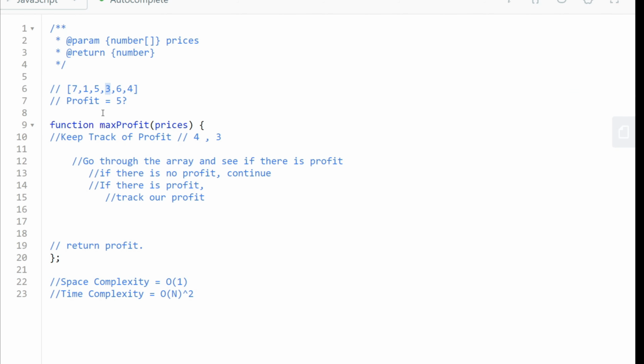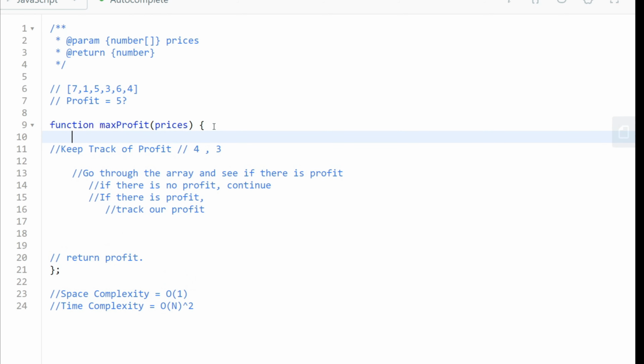If I were to buy at $3 and sell at $6 and get $3 as profit, we know for a fact that if we had bought at $1 in the past instead, our new profit would be even more, right? So why don't we keep track of our original price? So let's keep track of the original price.